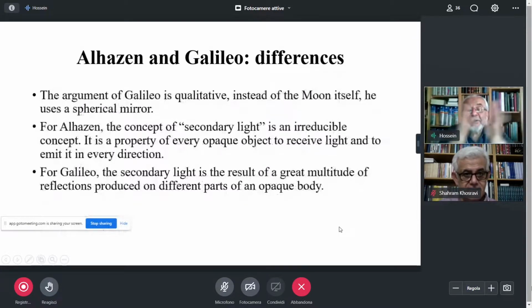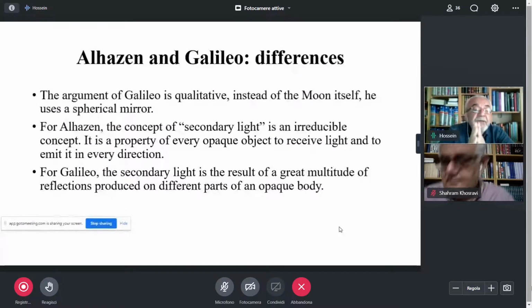The argument of Galileo is qualitative. Instead of the moon itself, he uses a spherical and a plane mirror. Whether in fact he has made this experiment is a subject of thought.